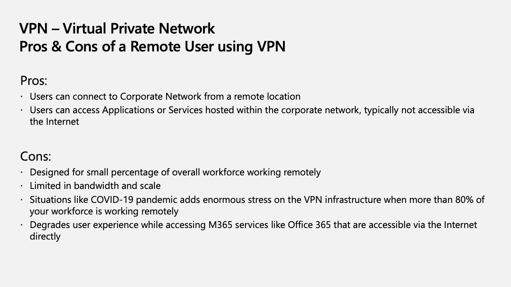And this can lead to a degraded user experience. So if you have users connecting to Microsoft 365 services using the VPN path, they are going to experience a poor end user experience. And this is totally unnecessary because services like Microsoft 365 are directly accessible from the internet.